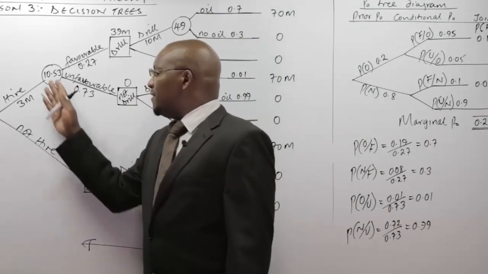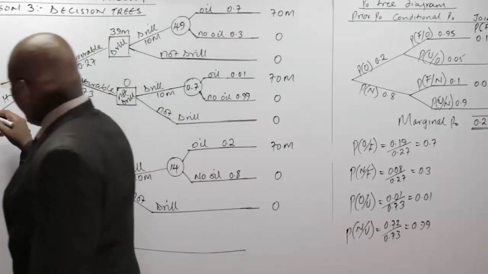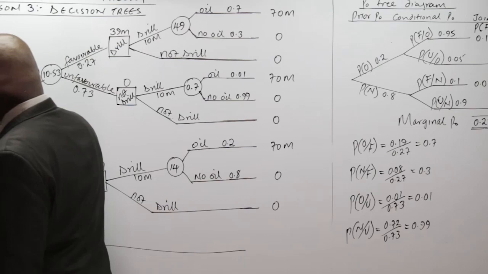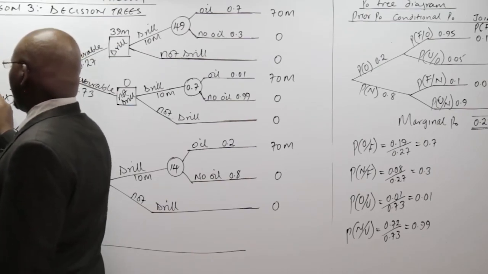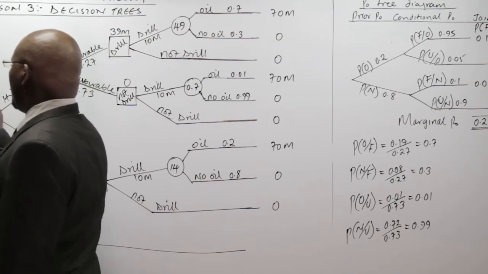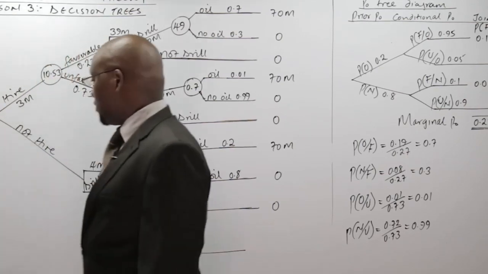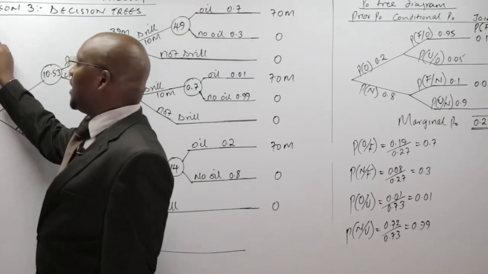So 4 million and 7 million, you can tell that the 7 is more. So therefore, we indicate here, we better hire the consultants, and we make a profit of 7.53 million. That becomes our solution. So that means in that requirement, this was requirement number A.